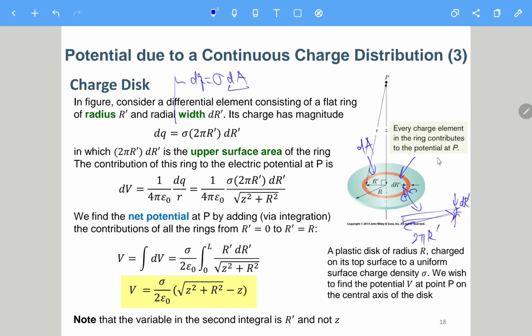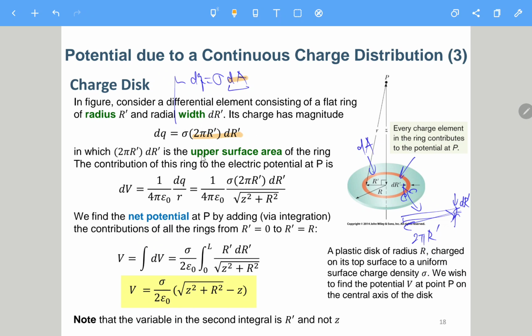The height is dr prime, so the area dA will be 2 pi r prime times dr prime. This is dA, and dq equals sigma times this term.